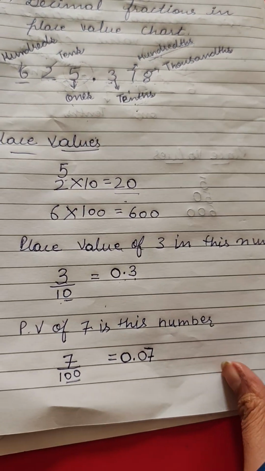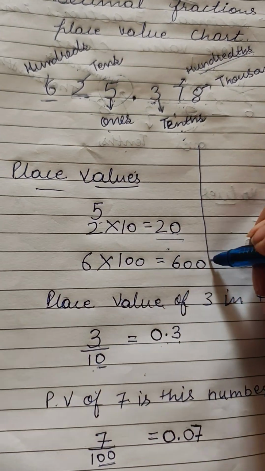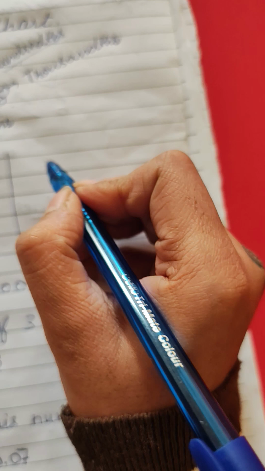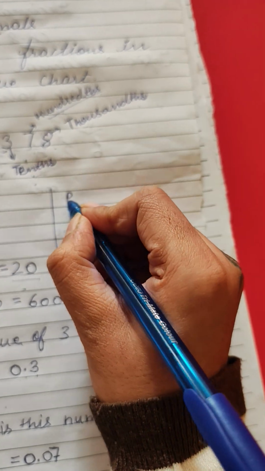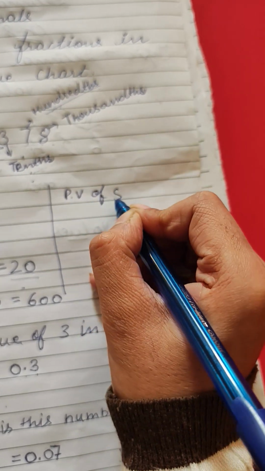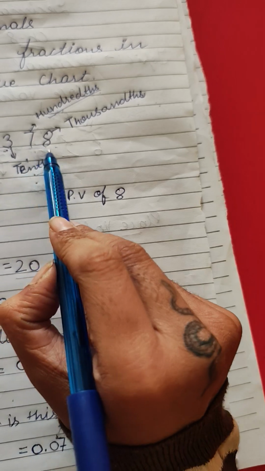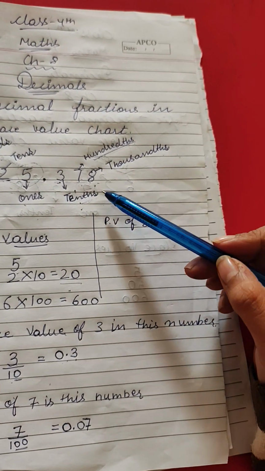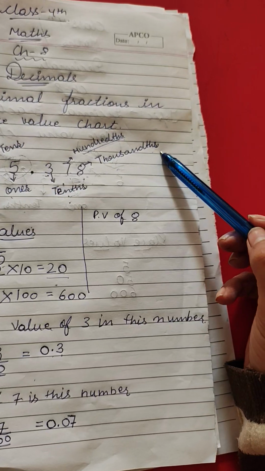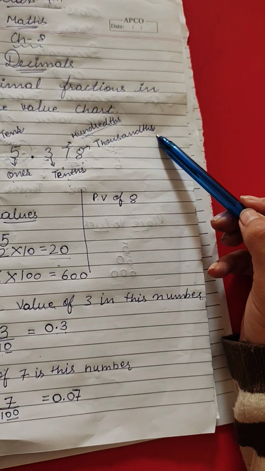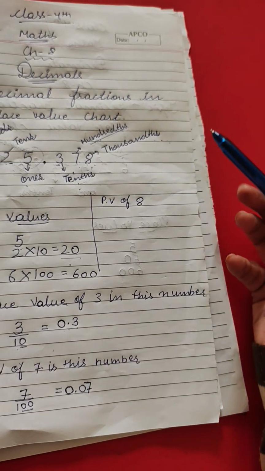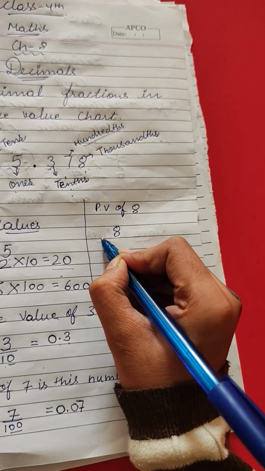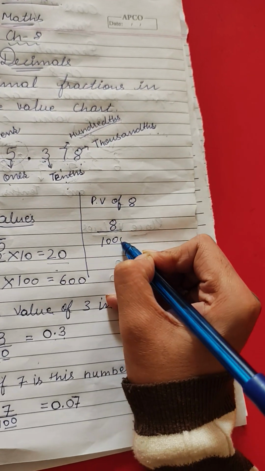Okay, now one more number is the place value of 8 in this number. As we can see, 8 comes on the thousandths place, so we have to divide 8 by 1000.